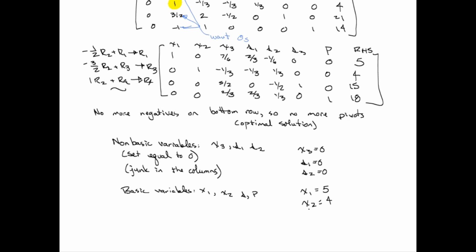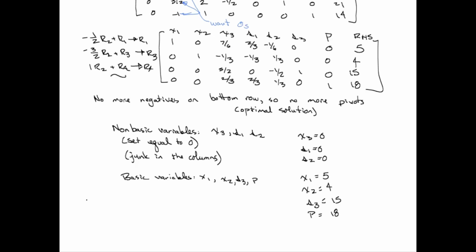Then s3. Look for the 1 in s3's column. It's in the third row, and so then I come over to the third row of the right-hand side. s3 is equal to 15. And P is equal to 18. And P, those are our basic variables.